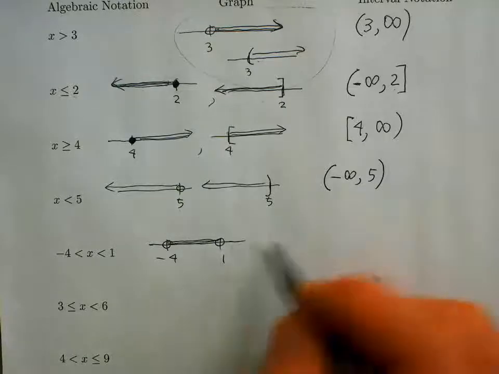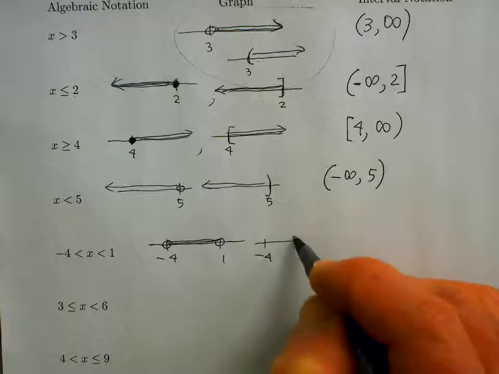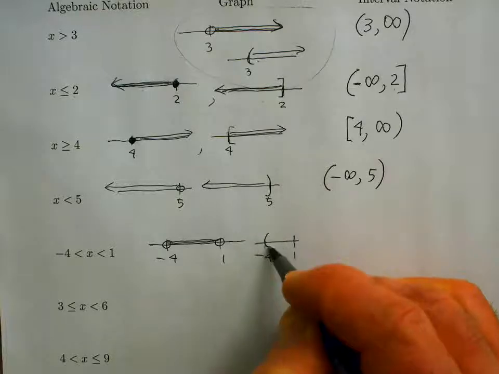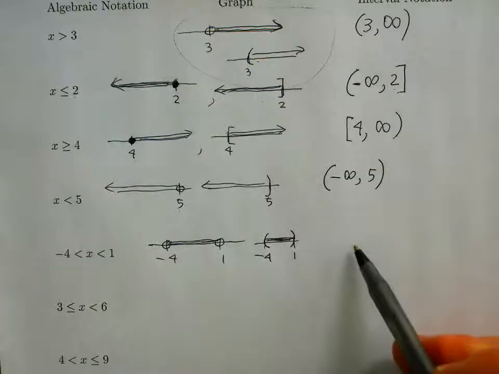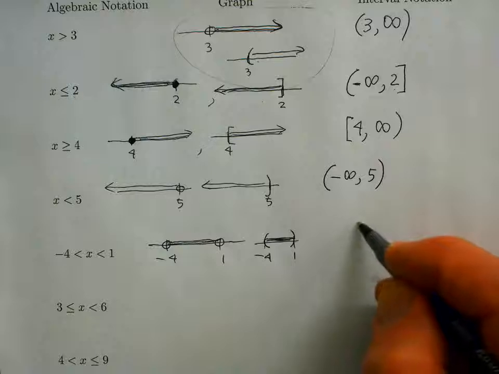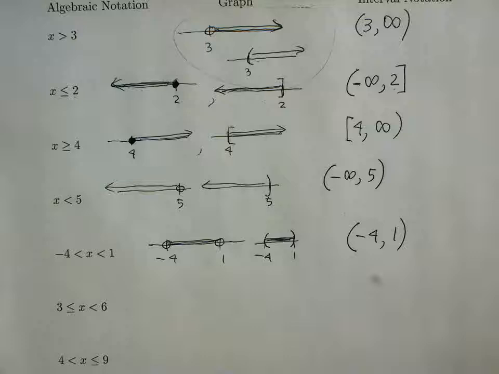You could use parentheses, -4 to 1, a parenthesis at each of those, and shade everything in between. And then the interval notation, parenthesis, -4, comma, 1, parenthesis.